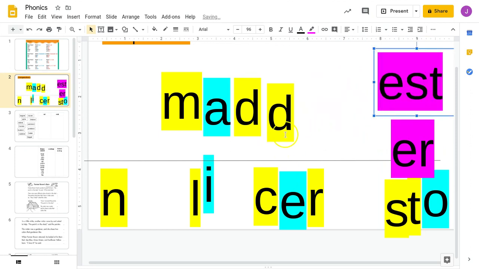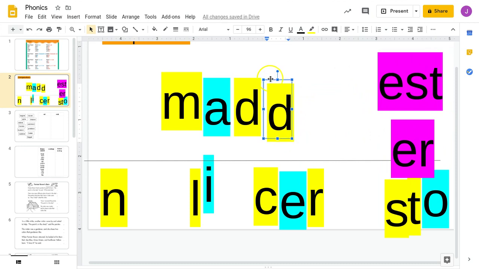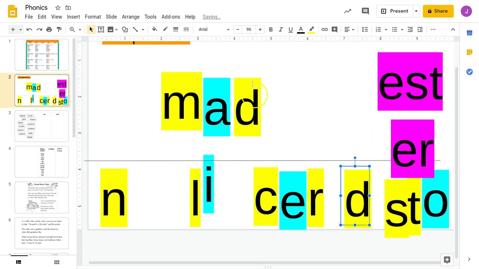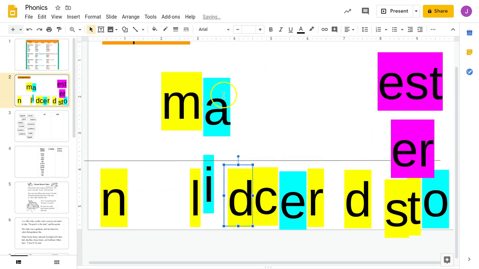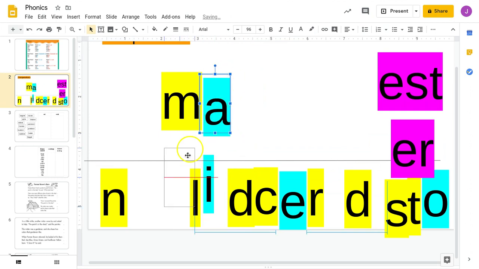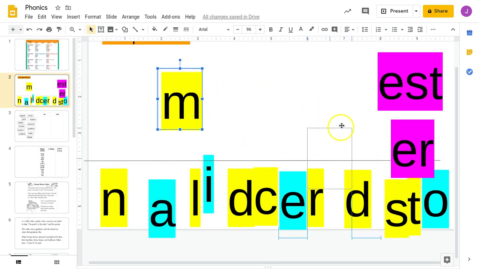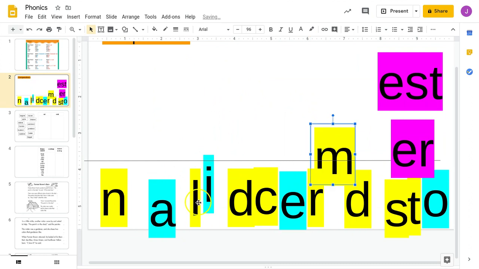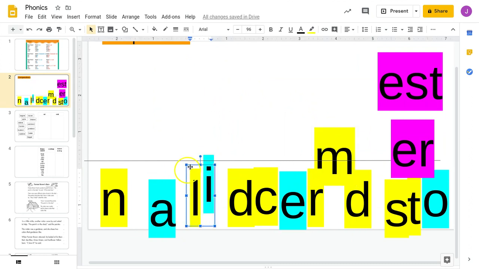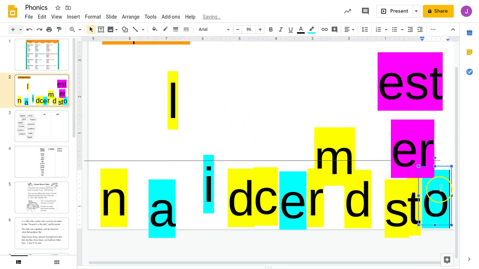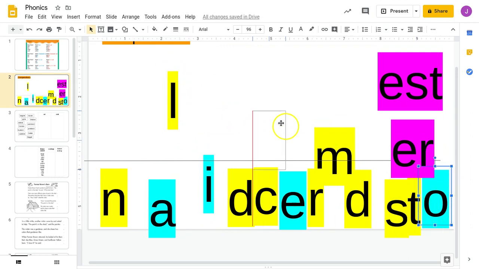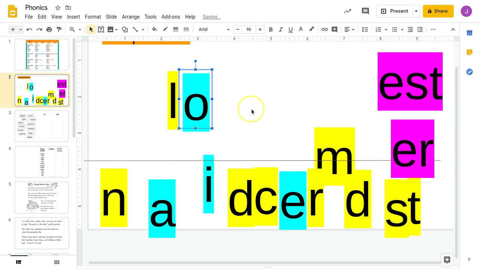Okay. And our last word, lower, is our last word. Now, I think about the word low. Right here. Low. I hear an O. And I know L-O is not a word.